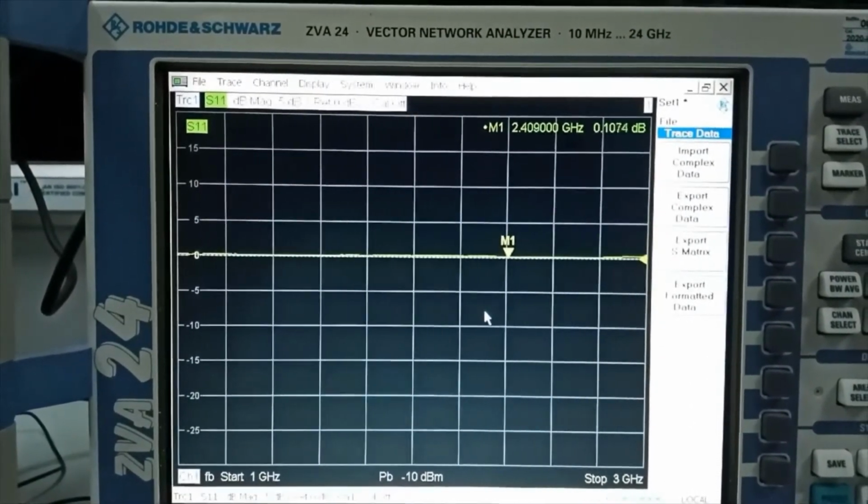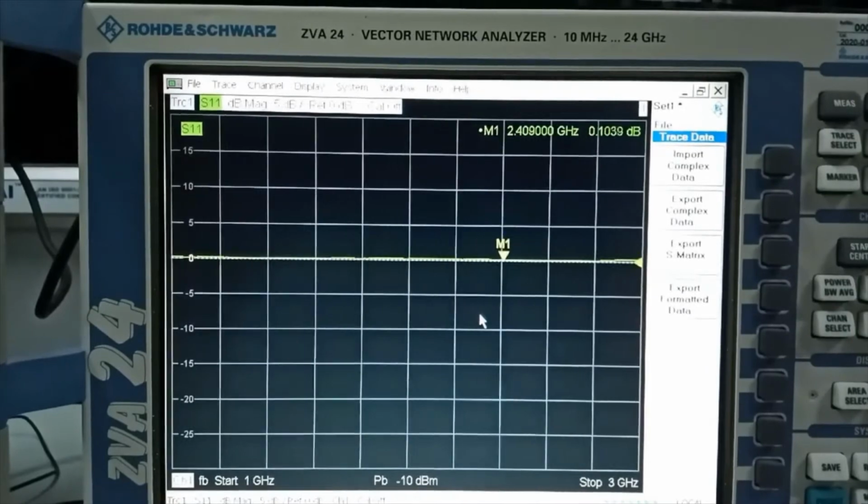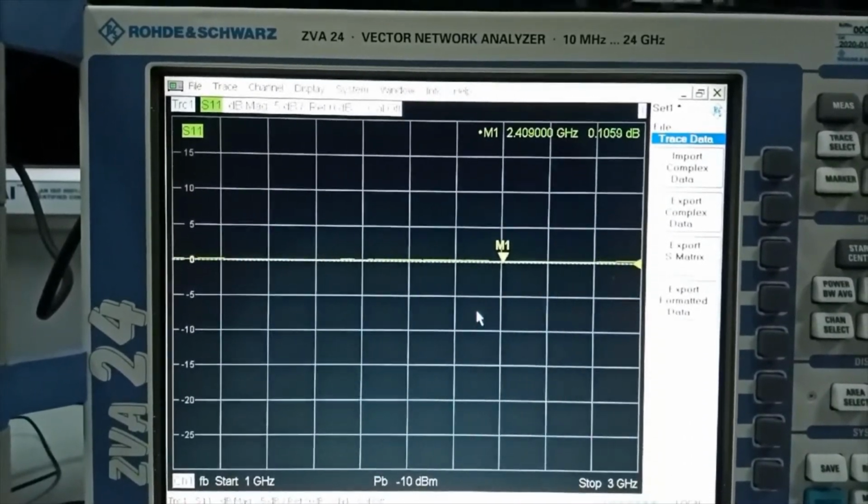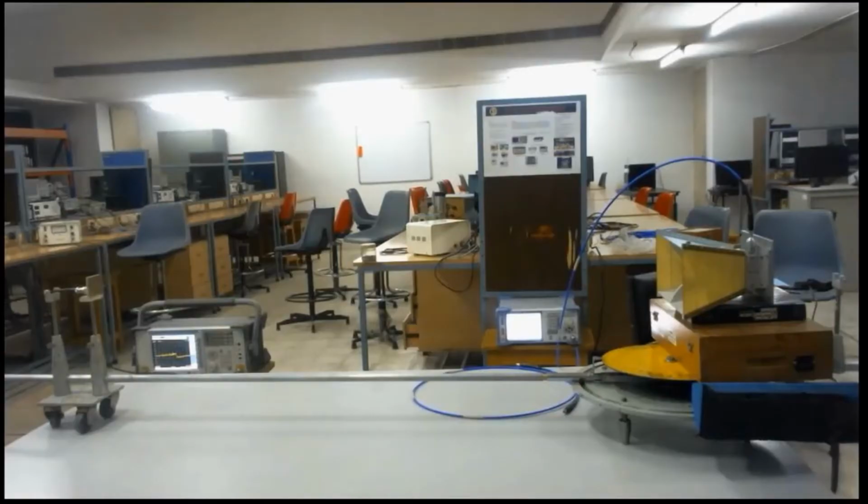Now a student can plot the S parameter in MATLAB after getting the values. Next we will go for radiation pattern measurement.